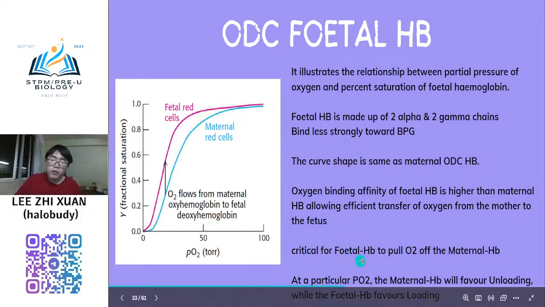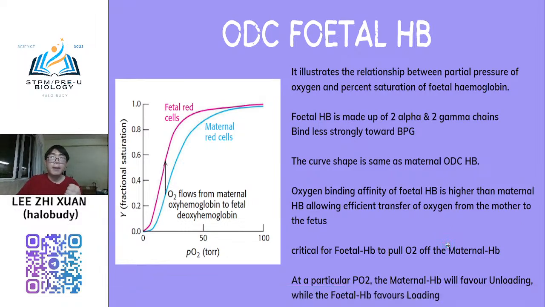So it is very important for fetal hemoglobin to pull oxygen off from the maternal hemoglobin. It has to take oxygen from the mother's part, because the mother already has hemoglobin. When the mother is doing gaseous exchange, the oxygen will directly bind to the hemoglobin for the mother's part.